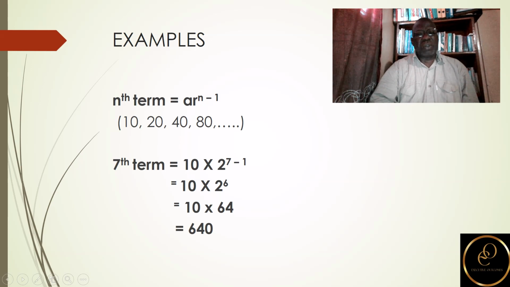And if we want to know the seventh term, then n is 7 minus 1 here. So we are going to have 10 multiplied by 2 raised to the power 6. 2 raised to the power 6 is 64. Then multiplied by 10 to give you 640. So meaning that in this series, the 7th term is 640.